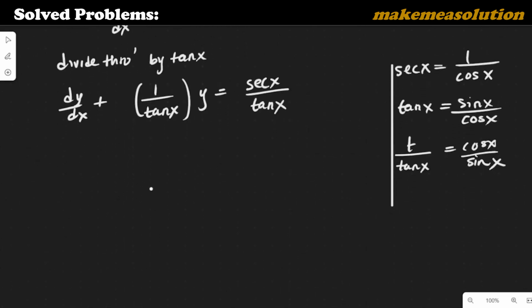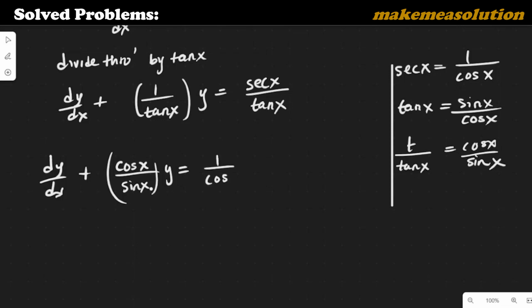So let's just resolve a little. dy/dx plus cos x over sin x of y is equal to sec x, sec x being 1 over cos x, and the reciprocal of tan x being cos x over sin x on this side.